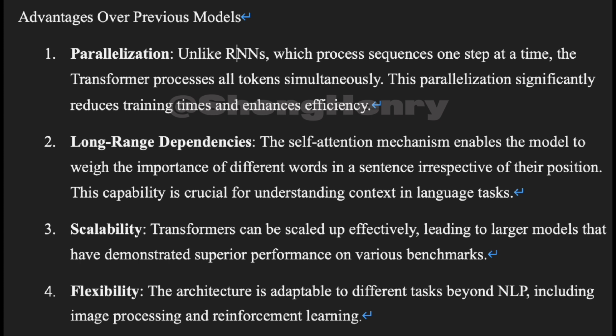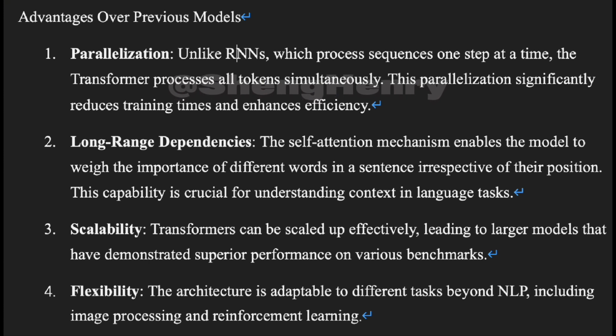The second one is called long-range dependencies. The self-attention mechanism enables the model to weigh the importance of different words in a sentence irrespective of their position. This capability is crucial for understanding context in language texts.